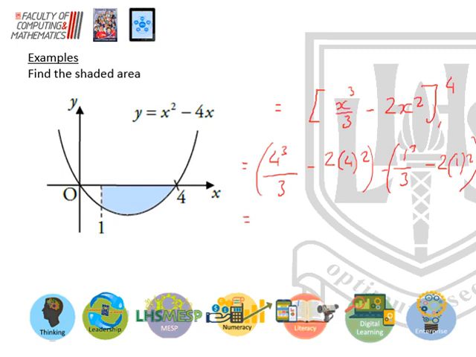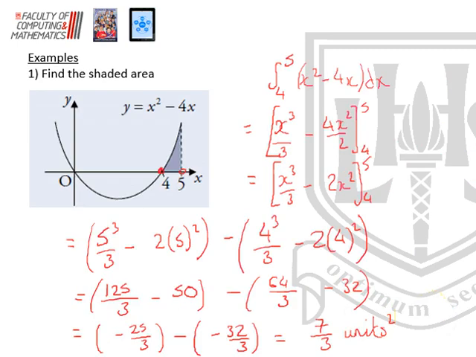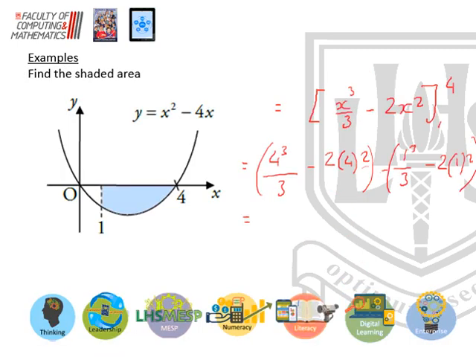We know the value for that first bracket, we get it from back here, is negative 32 over 3. Then we're going to subtract negative 5 over 3.